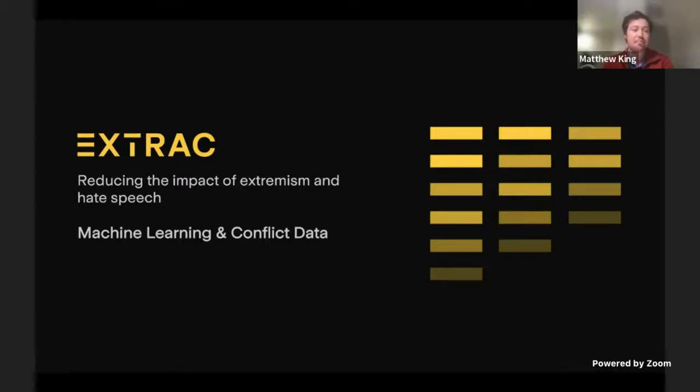And I think that is an important distinction to draw, that today we're mainly talking about text, but of course, when we're talking about conflict data, there's a huge amount of imagery as well. And a lot of what we do is not just the text, but working with image data and how we combine the two to find value in it.